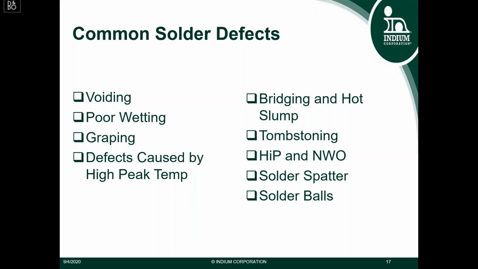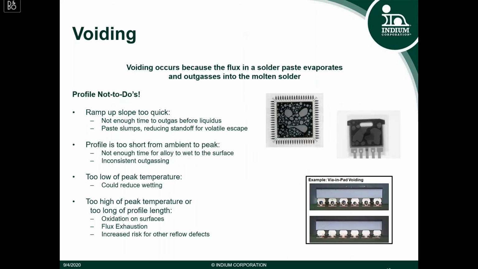The first common solder defect is voiding. We hear a lot about voiding. Voiding occurs because the flux in the solder paste is outgassing and evaporating during the reflow process, and when the solder powder starts to melt, that flux can outgas into the solder joint and form voids.